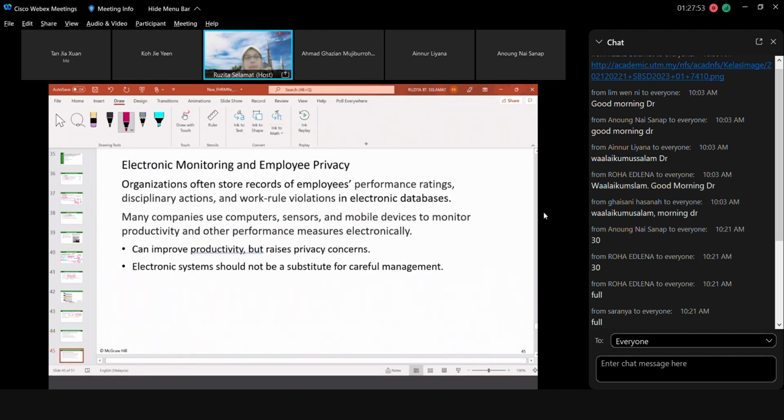Kita tengok last one. Electronic monitoring and employee privacy. Sebab this topic is all about monitoring employees punya performance.